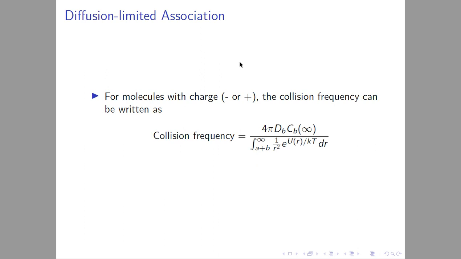And if the molecules, let's say the protein and the ligand, have a charge, the collision frequency can be written, without any proof, as 4 pi D_B C_B, with D equal to A plus B, integral from infinity of 1 over R squared times exponential of U(R) over kT dR. Here U(R) is the energy.